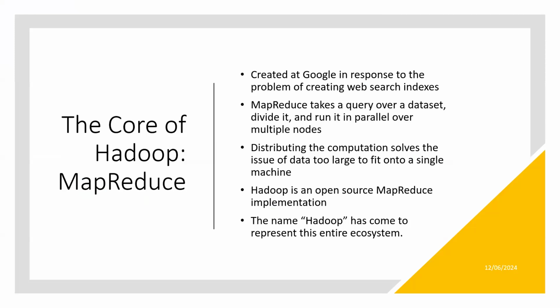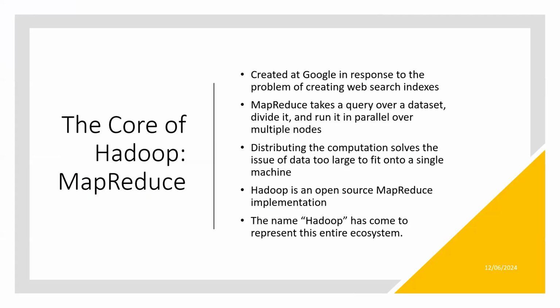One is MapReduce, which means splitting jobs into multiple tasks. When you get a query, it will be divided and run over multiple places. I told you, for example, that in Google the data will be in multiple different geographical locations. So the computation is distributed, rather than handling a very large problem in one single place.